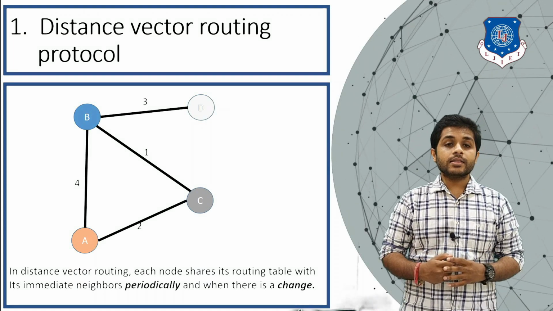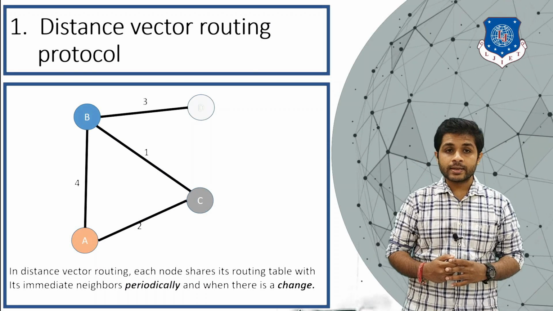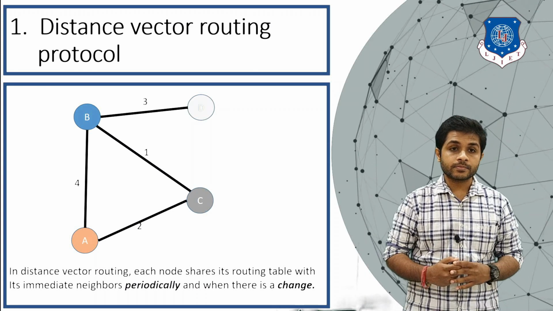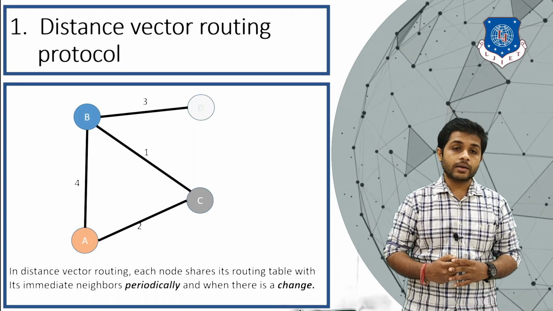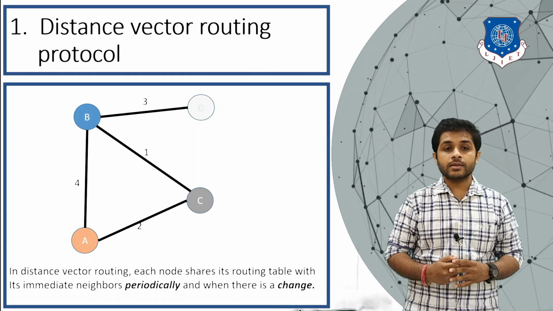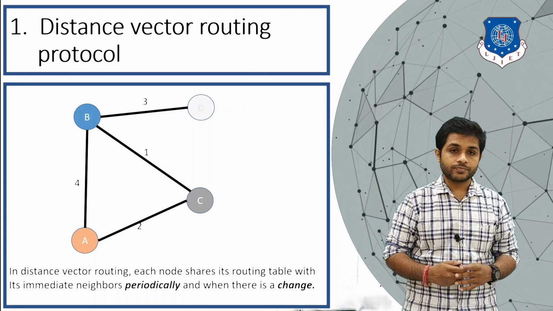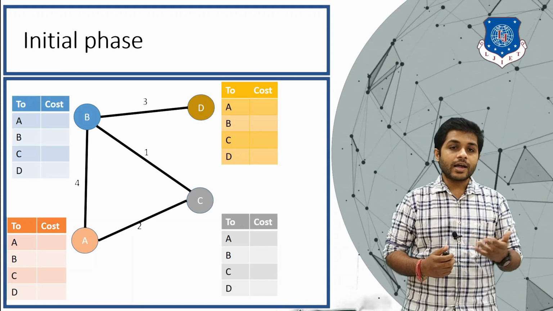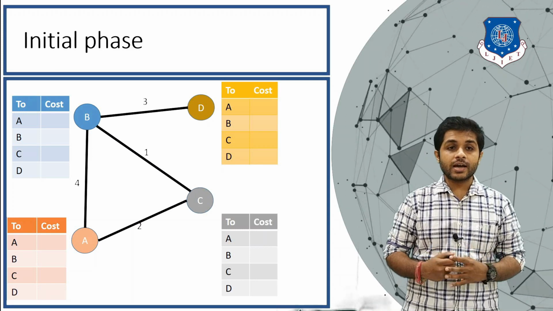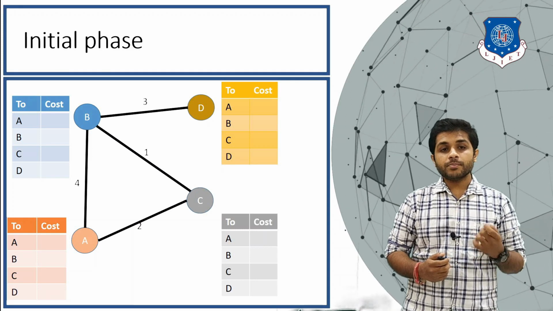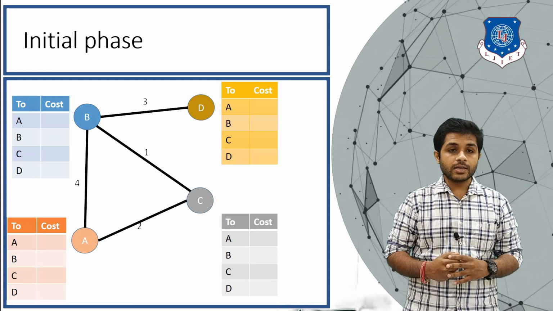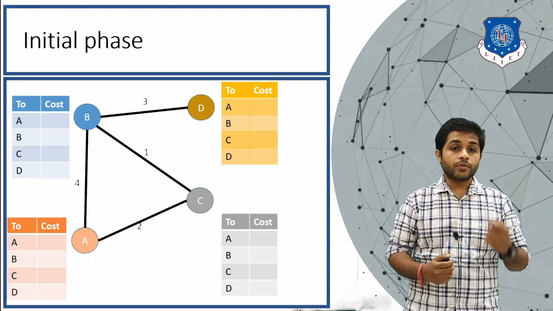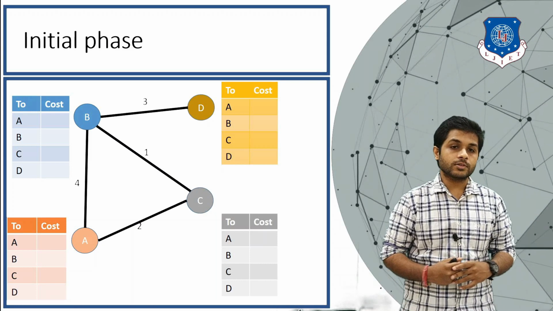You can see there is a network on your screen, and there are a total of 4 routers, A, B, C and D, connected via links, and the distance can be seen near those links. Now in the initial phase, all these routers have tables and those tables are empty. Now what is the meaning of this table? For example, router A's table indicates the distance from A to all the remaining routers.